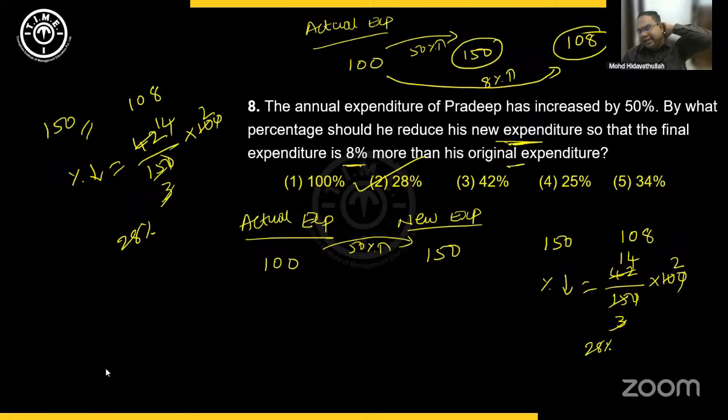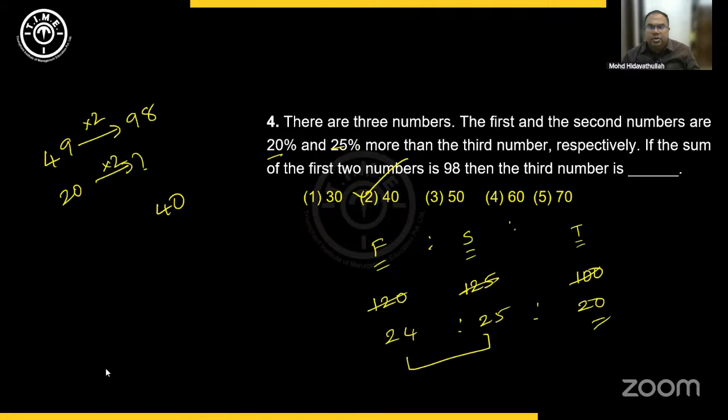Hope this is clear. What is this? It is also a simple number problem. First number is 20% more than third number. If I take third number as 100, I'm assuming it to be 100, because actual value we don't know. First number, 20% more, 120. Second number, 25% more, 125. What is common? 5 is common.